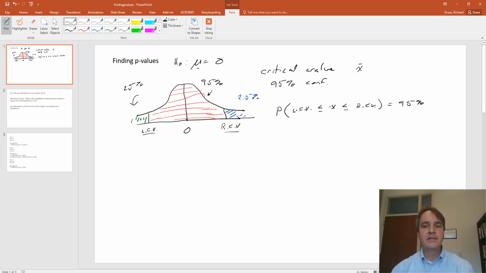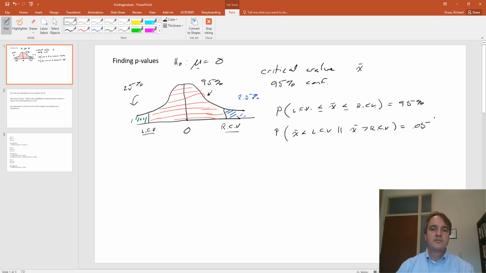Which means that the probability of that sample mean being less than the left critical value or greater than the right critical value is only 5%.